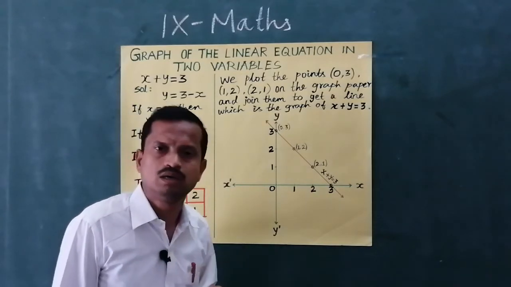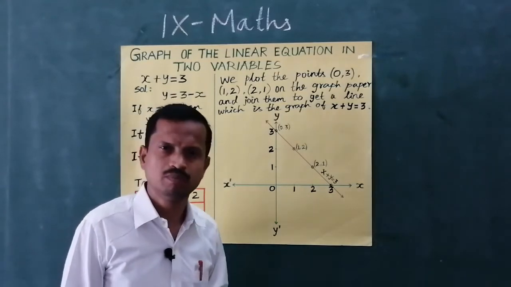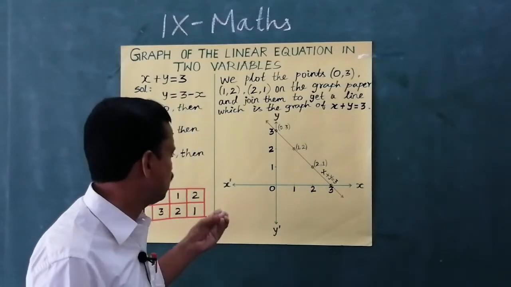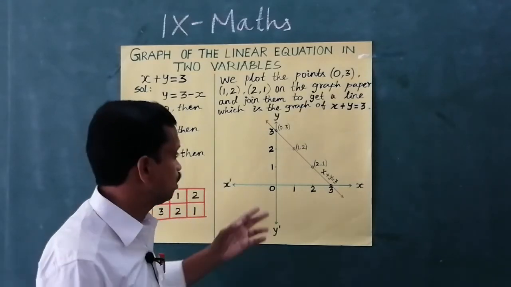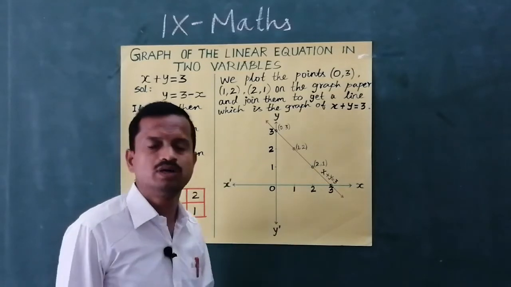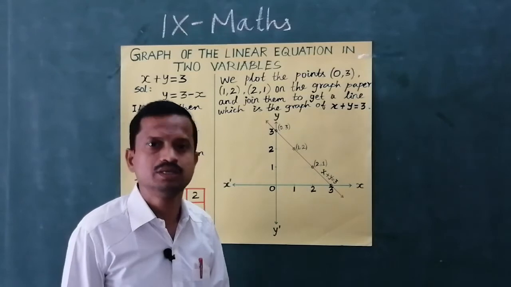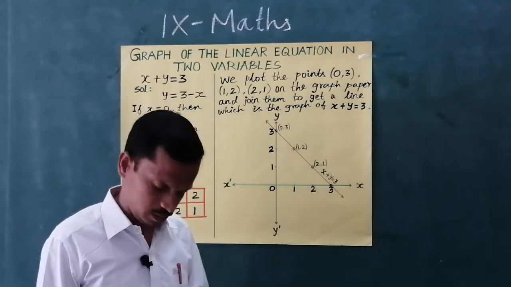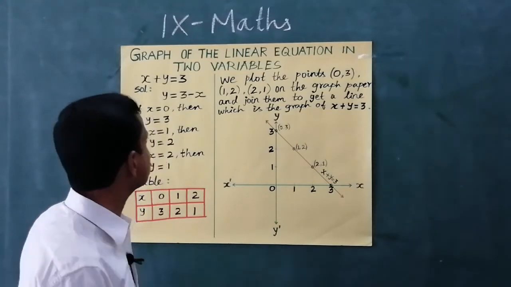To draw a line we need minimum 2 points. So we have to find 2 or 3 points, plot them, and if you join the points you get a line, which is nothing but the graph of the given linear equation in two variables. Now let us take one example.